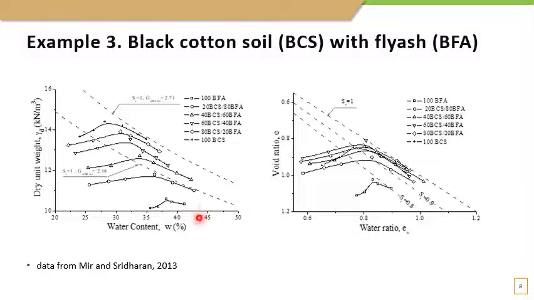The lowest value is the 100% fly ash, which is also common in this representation. You can also see the wet side of the mixes, and we can easily identify what is closer to the degree of saturation of 1 and where the optimum value is, whereas here it seems to vary a bit. Again, this data was published by Mir and Sideran, and it illustrates the robustness of using this alternative representation.